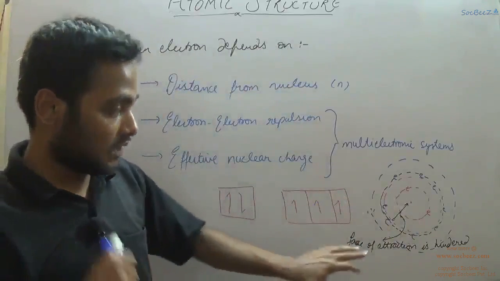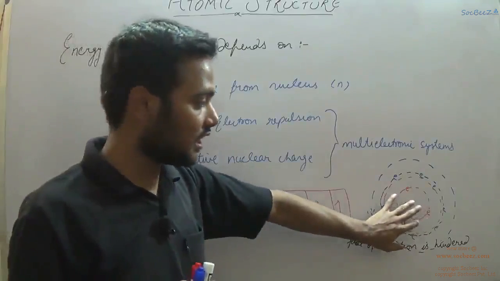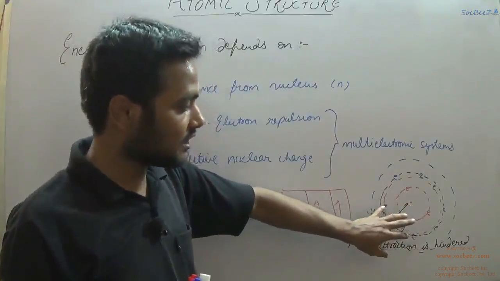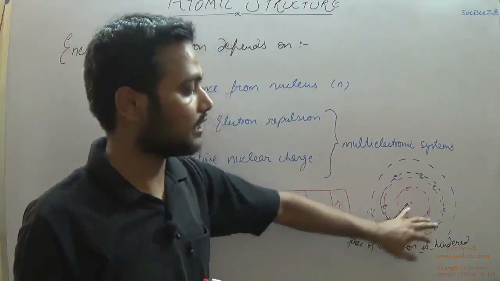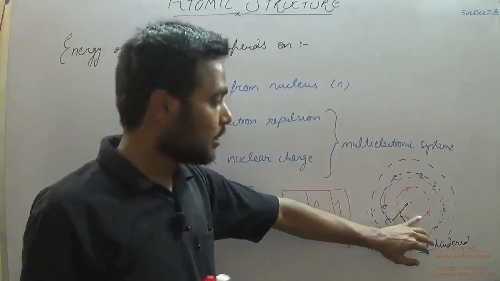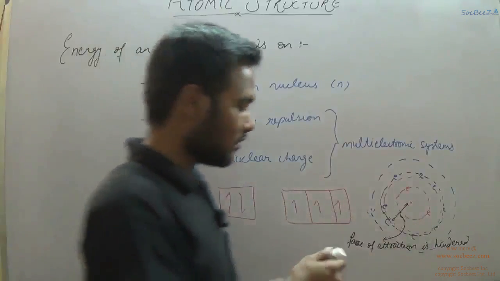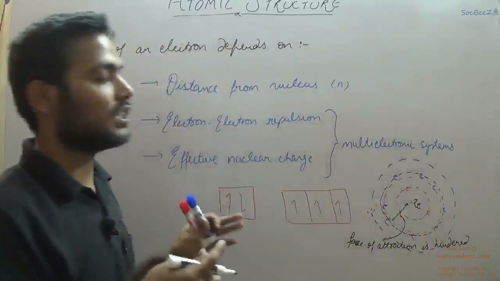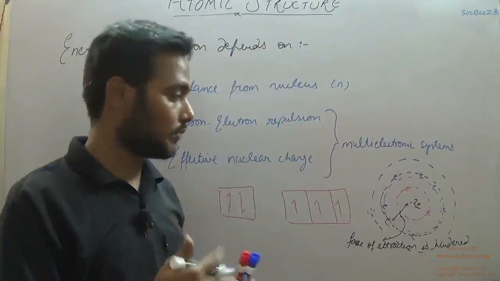So because of this hindrance, the nuclear charge, the charge which this electron is seeing directly, is not what it should be. Here the charge of nucleus is Ze, because Z number of protons are there in the nucleus. Z is the atomic number.